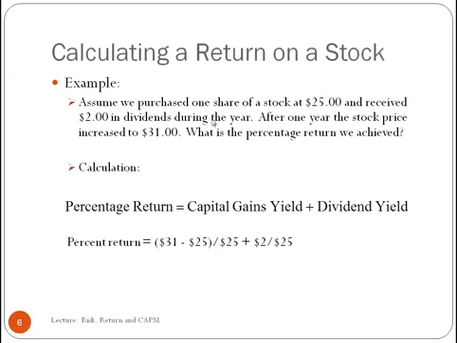I'm just putting in the values from above into this equation. It reduces to a capital gains yield of 24% and a dividend yield of 8%, which is a total return of 32%. That's not bad. At least that looks pretty good. But regardless, that's how we calculate it.